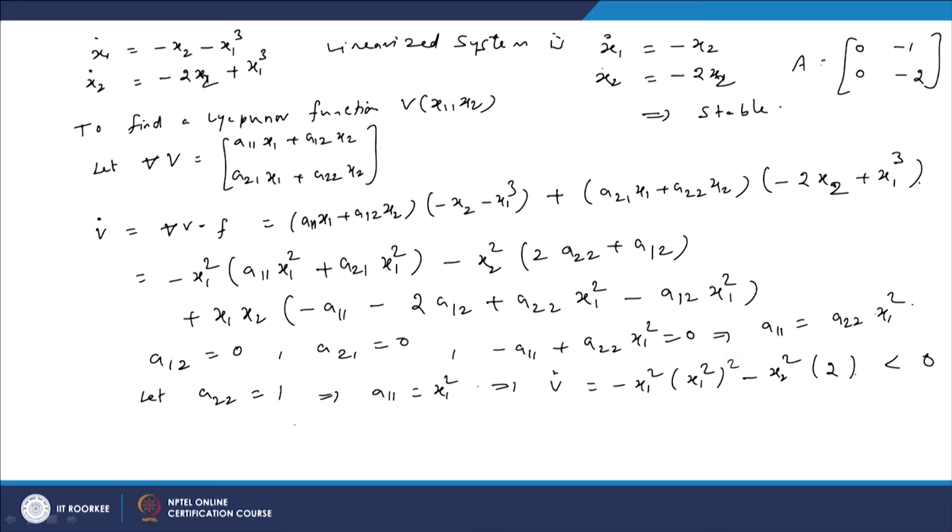Now, from here if you calculate V, that will be the gradient. del V by del x1 is a11 x1, where a11 is x1 square, multiplied by x1, that is x1 cube, and a12 is 0. So, del V by del x1 is nothing but x1 cube, and del V by del x2, here a21 is 0 and a22 is 1, so it is simply x2.